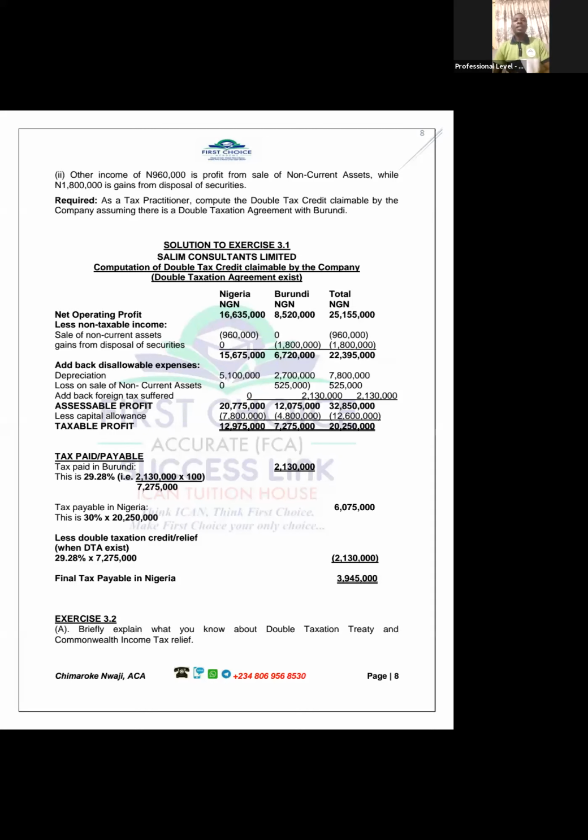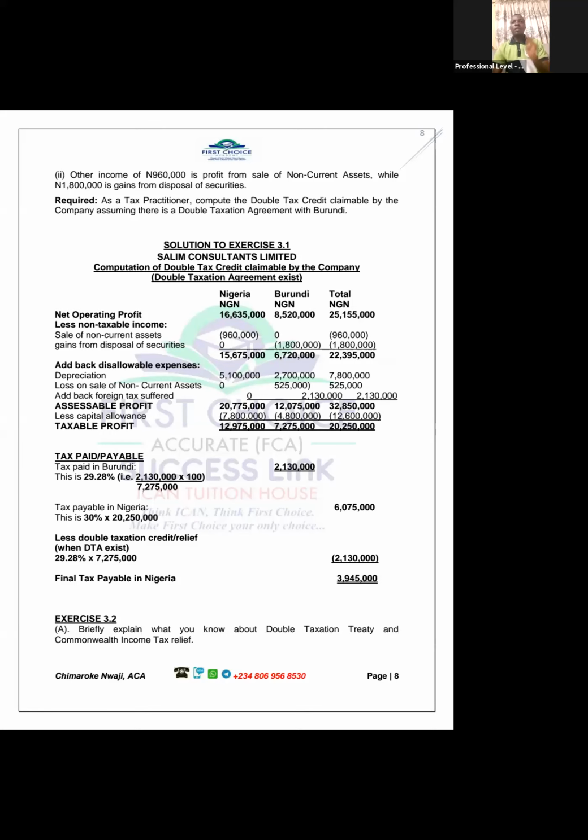Also, they might state that assuming there is no double taxation agreement. So these are the two ways you can know if there is no double taxation agreement. They might state it, there is no agreement, or they may be silent about it. But they can never be silent if there is an agreement. So that's one thing you should know when you are doing double taxation: they will never be silent about the agreement status.